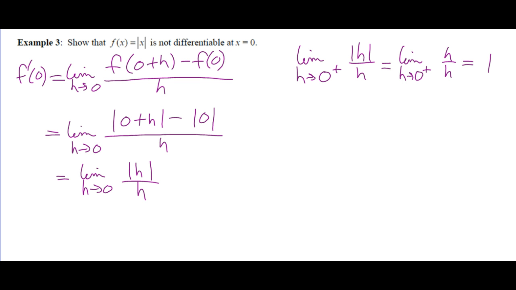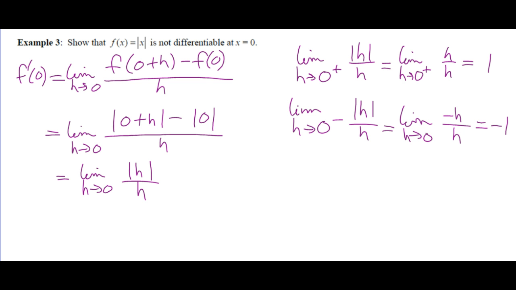What if h approaches 0 from below? Then how do we define absolute value of h? So it would be negative h over h, right? Because if we know the value is negative, the absolute value is the negative of a negative to make it positive. So this is negative h over h, but then what's this equal to? That's negative 1.